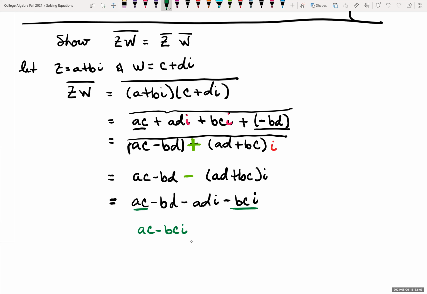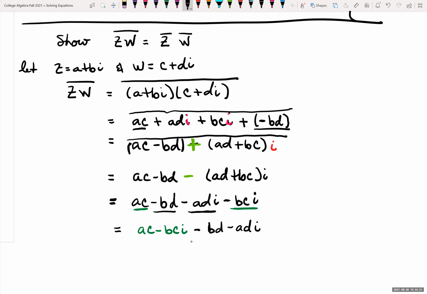And then let's group negative BD minus ADI together, so minus BD minus ADI. So I'm not seeing it come out like I want it to, but sometimes you just have to play with it and see, and hopefully it comes out, or you might have to go back and manipulate it.